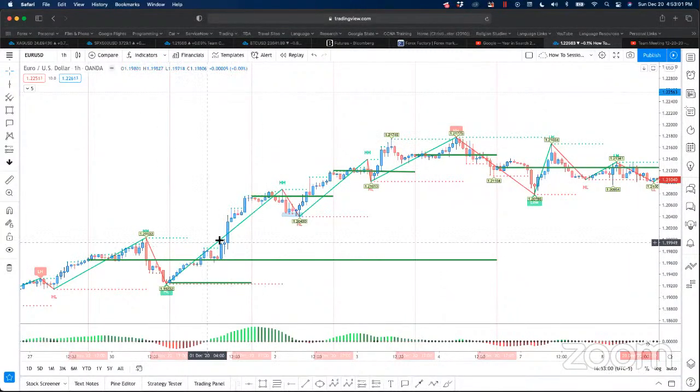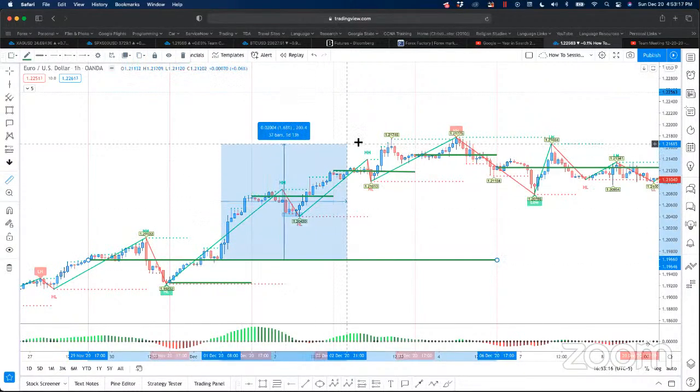So even if you miss this, break above the weekly high, you got expansion starting from here all the way up here, right?